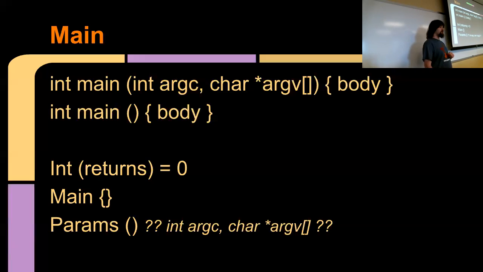Because maybe it's not a person running your program, maybe it's a bunch of programs that are running your program. And so it's important that you give maybe not the output to the screen. Maybe that doesn't matter at all. Maybe it's only the return code that matters. So when we say int main, it means that main runs and is eventually going to give back an int.